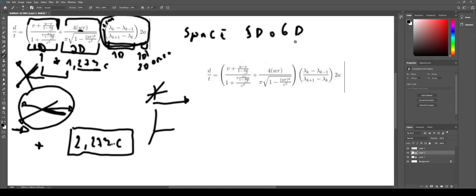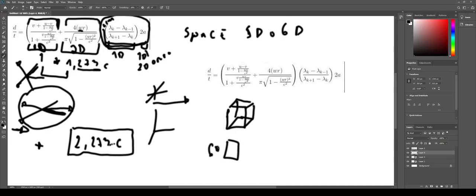So what happens if you have more dimensions than three-dimensional space? Imagine that a cube is made of six squares, okay?